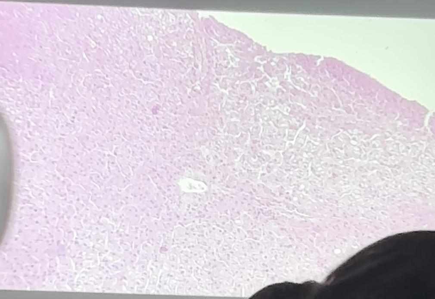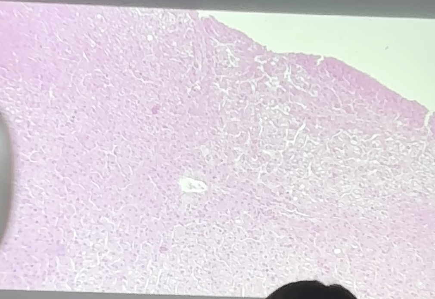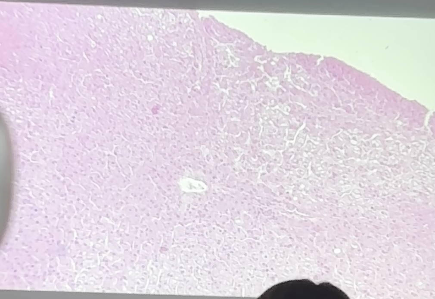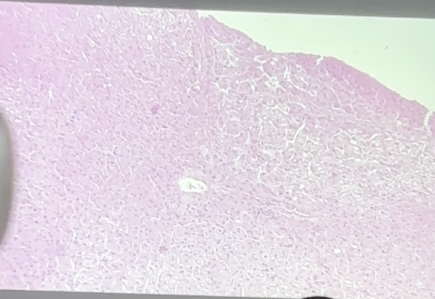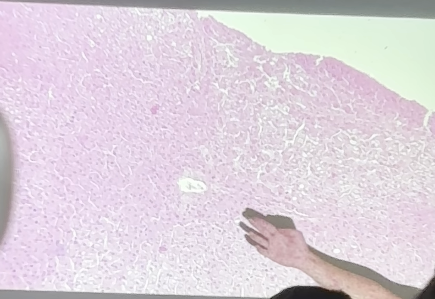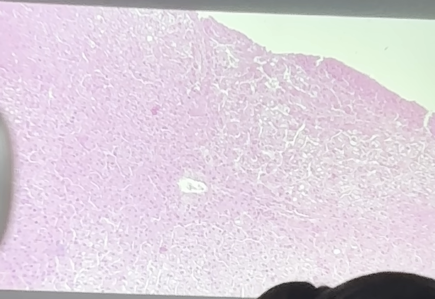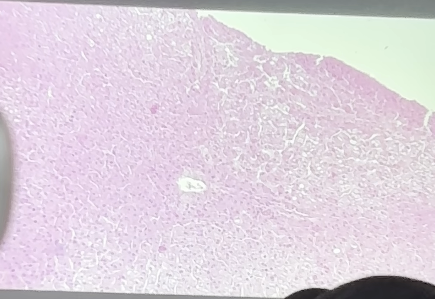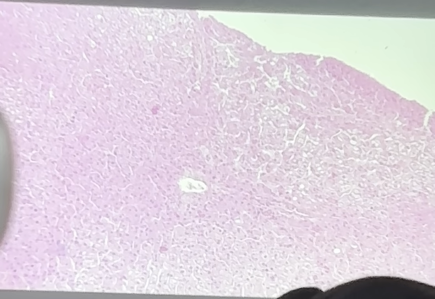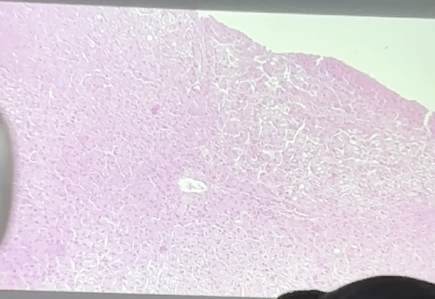A central canal, vein, artery, nerve? Central vein. This is the central vein here. What are these cells? Well, the structure is the hepatic cords. The cells are the hepatocytes. Yeah, that's right. So this is, of course, what organ? Liver. So this is somewhat normal.